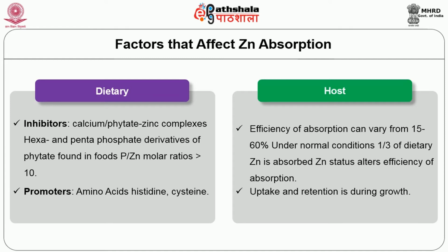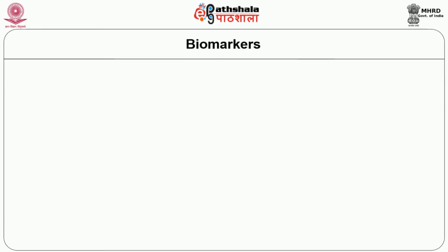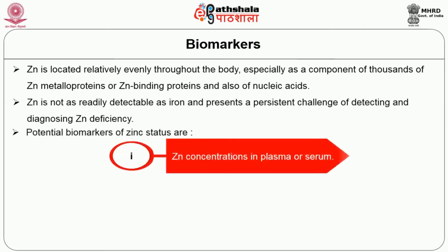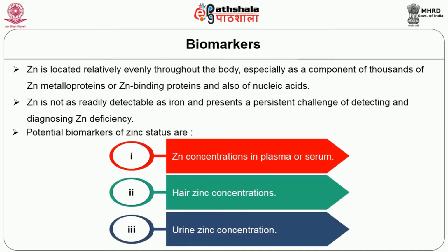Now, how do we assess zinc status? That means we should know what the biomarkers are that will reflect the zinc status of an individual. Now, in the body it is distributed in different parts. You have seen only 0.01% is in the circulation, bound to albumin.